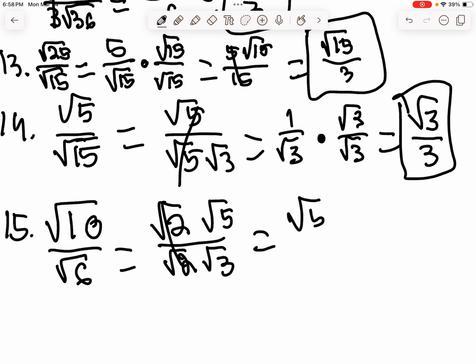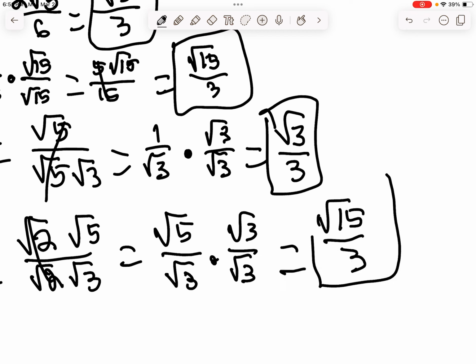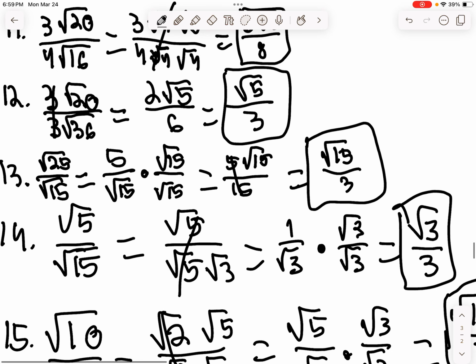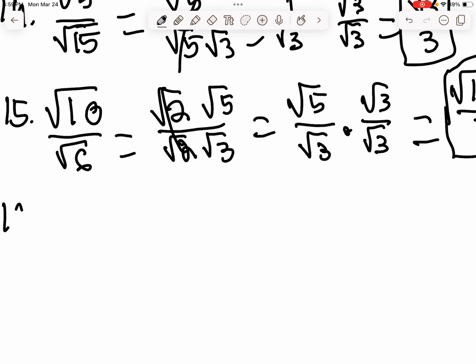The square root of 5 over the square root of 3, multiplied by the square root of 3, because they don't want radicals in the denominator. You'll get square root of 15 over 3. Again. Hey, look, it's popped up again. Hello. Mr. Murphy's wearing off on me.